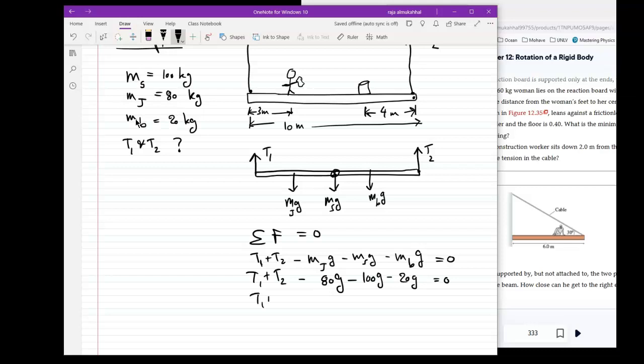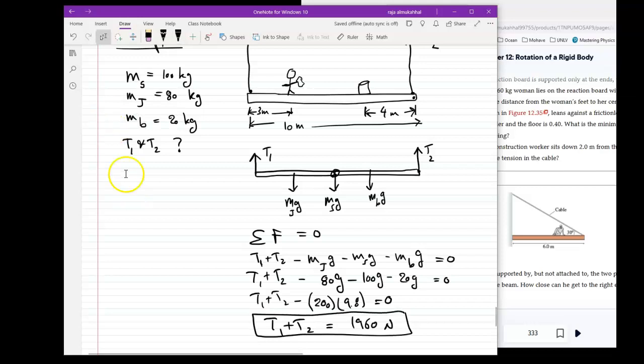Or I can say T1 plus T2 minus 200 times 9.8 equals 0. When I calculate that, it gives me 1,960. So T1 plus T2 equals 1,960 Newtons. And there it is. This is the combined tension, okay?